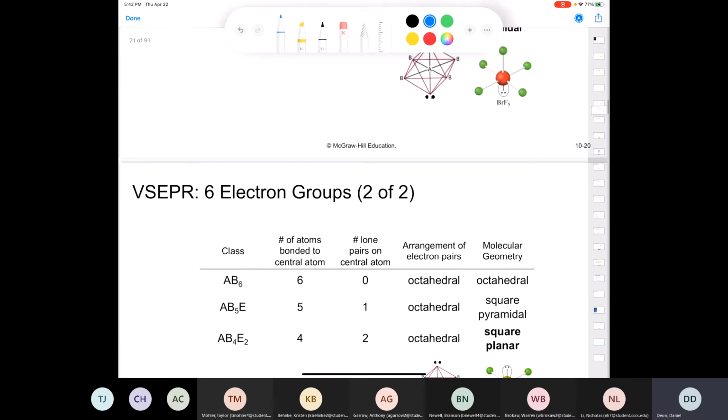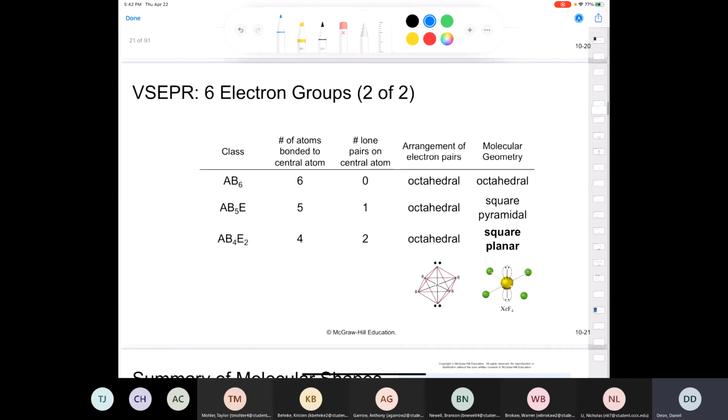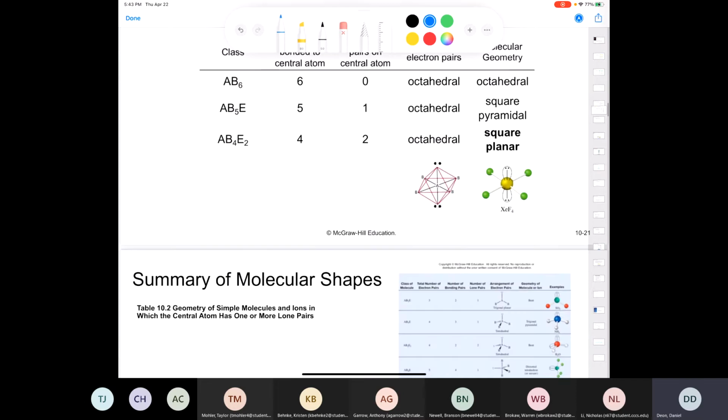So where did we go? We went from the octahedron to the square pyramidal, or the square-based pyramid, to the square planar, as we removed bonds to atoms and replaced them with lone pairs. So if you're wondering, is there a table that summarizes all this? Heck yeah.